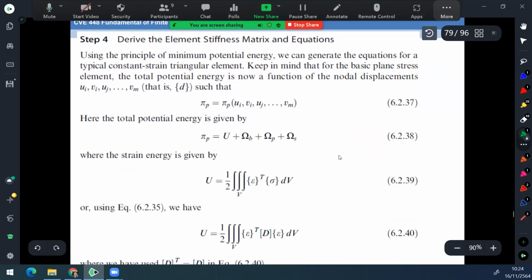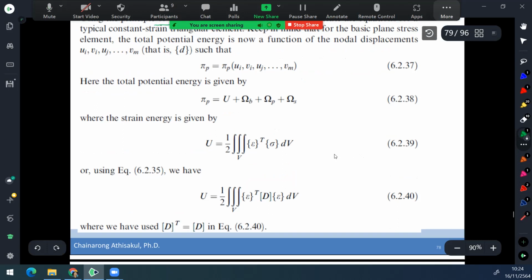After that, we derive the element stiffness matrix by applying the stationary principle of minimum potential energy. We apply the principle of minimum potential energy, that is the energy method. We formulate the equation by considering the strain energy of the element and the potential energy due to the external force.